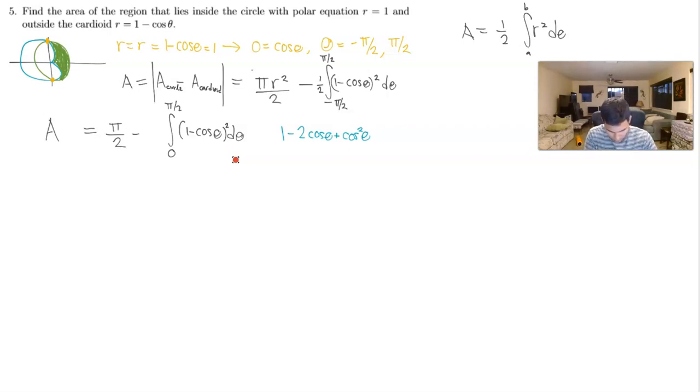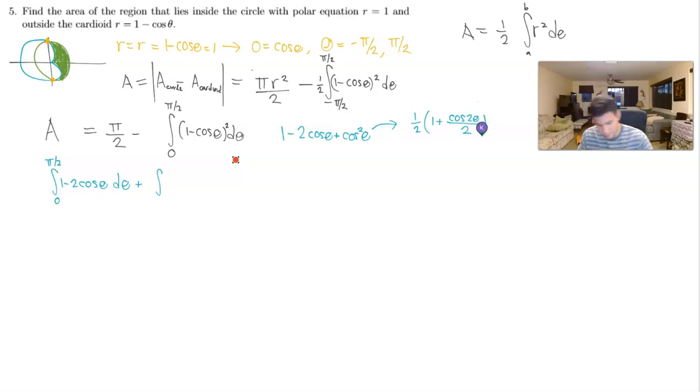And I'll just write it out. So then we get the integral of 1 minus 2 cosine theta from pi over 2 to 0 d theta plus the cosine squared integral. And now cosine squared itself, you can write it as 1/2 times 1 plus cosine 2 theta.